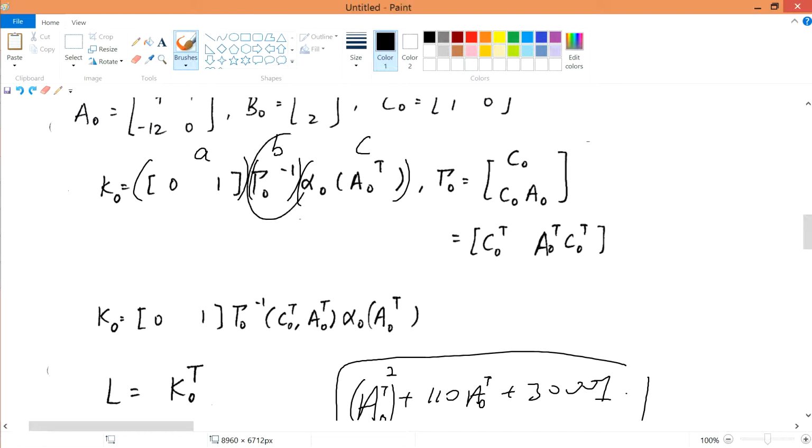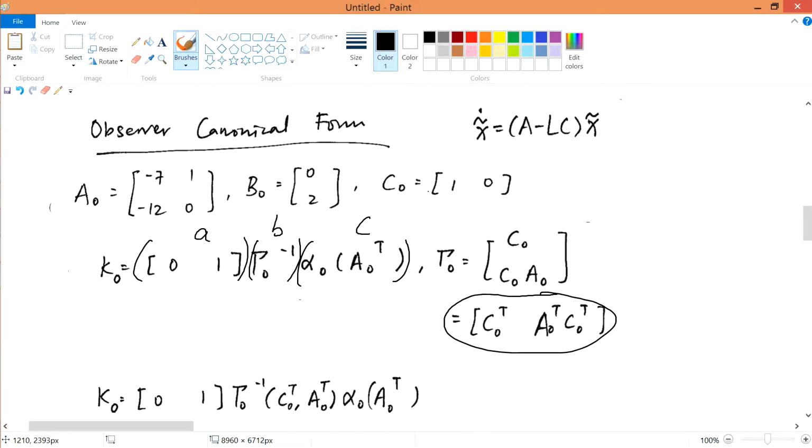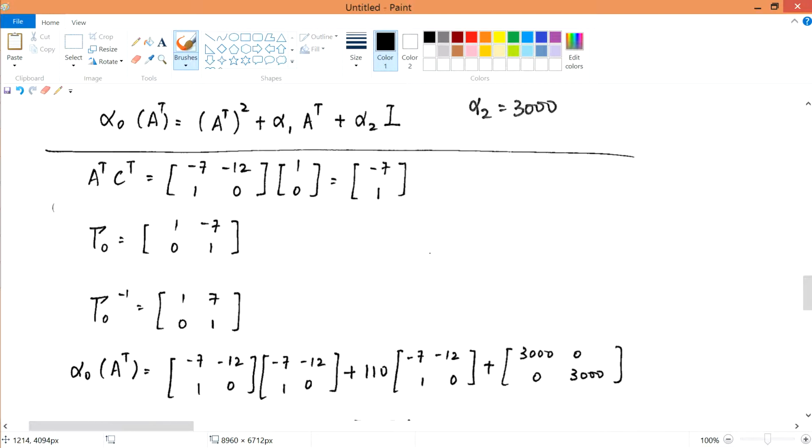For B, we're going to evaluate the rank of the observer using this transpose. So just simply substitute my C and my A. My C is this one, but because it's transposed, I have 1, 0. And A_O C_O^T, we'll just simply multiply. So this is only a multiplication: minus 7, minus 1.